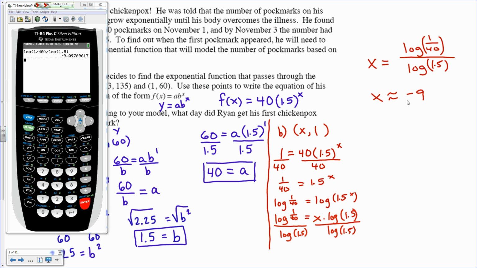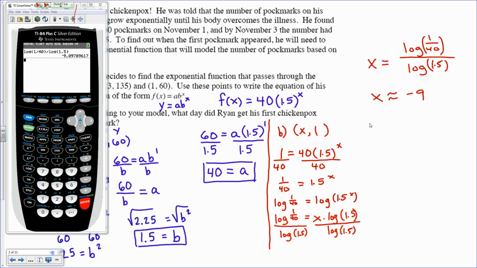So what does that mean in terms of the number of days? Well, if you have -9 days, that means we're going to have to go back 9 days from where we're starting. So if we go back 9 days from our November 1st, where we had it measured there, we should end up being about October 22nd or so.